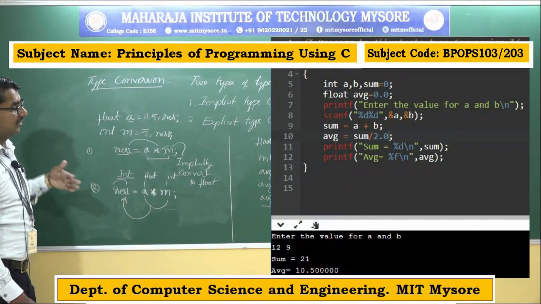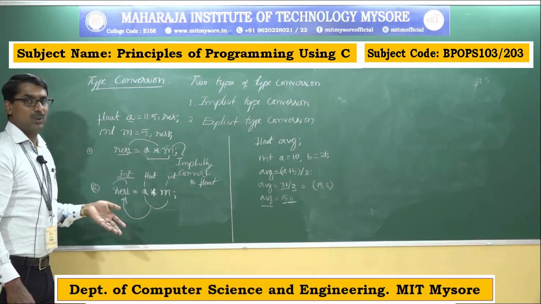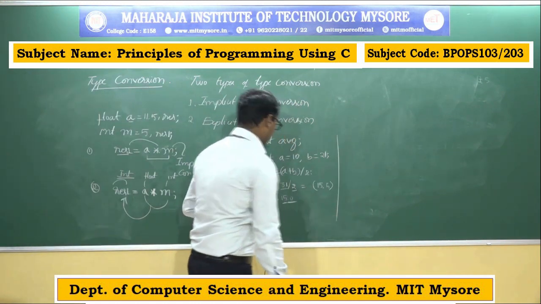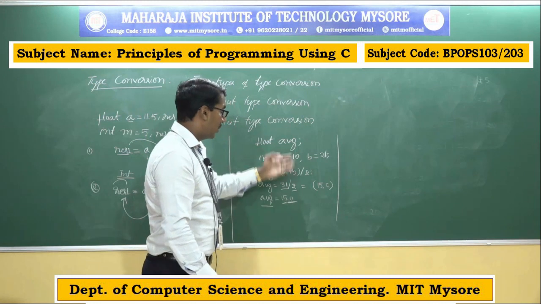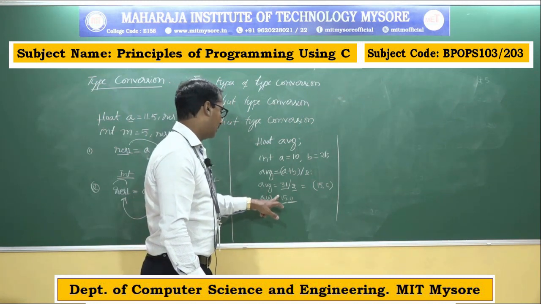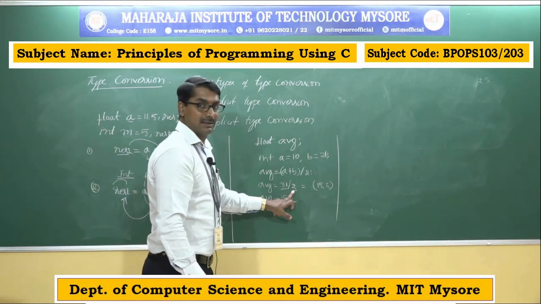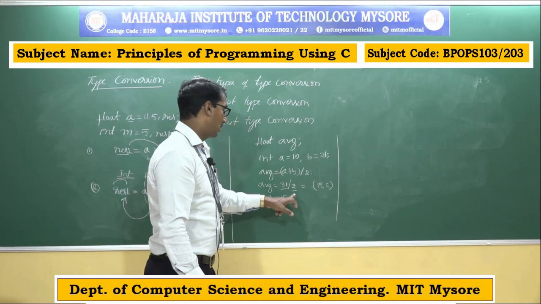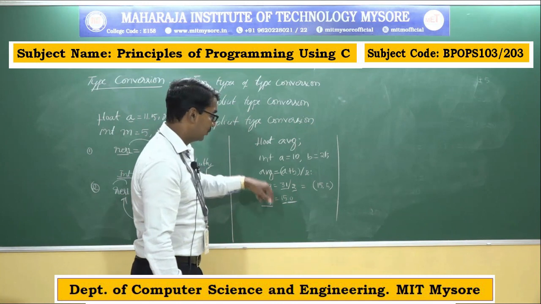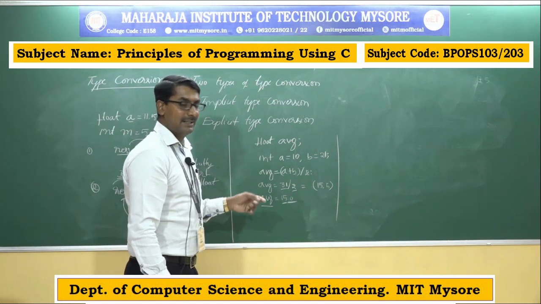I already mentioned that sometimes we need to convert this into the required data type. I consider this example itself. Now I want the fractional points: average is equal to 31 divided by 2, and here I need to get 15.5. So we need to convert the expression.